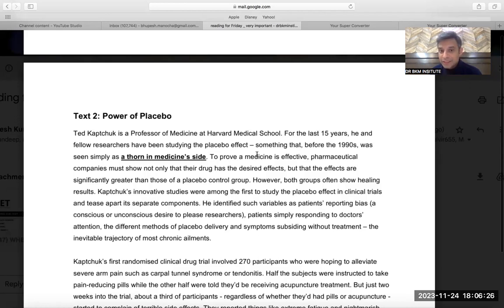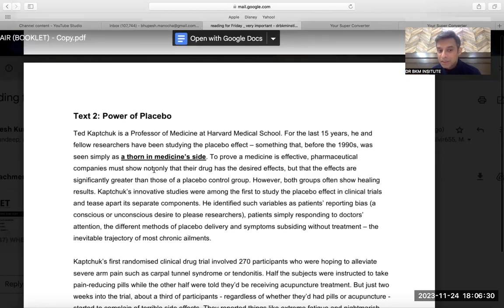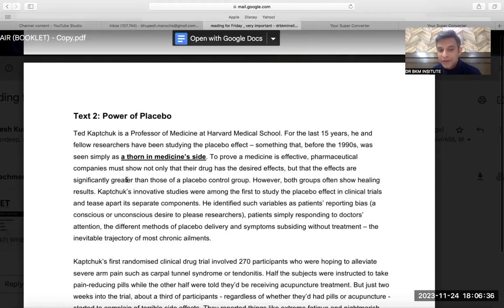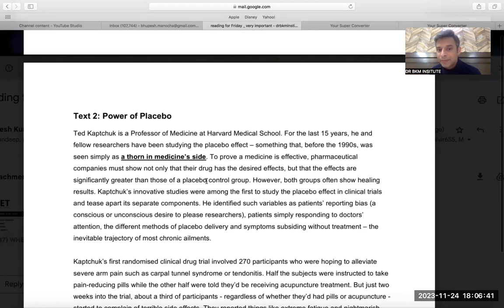To prove that a medicine is effective, pharmaceutical companies must show not only that their drug has the desired result, but also that the effects are significantly greater than those of a placebo control group. What does this line mean? That to get approval of any medication, they must show that this medication is effective.